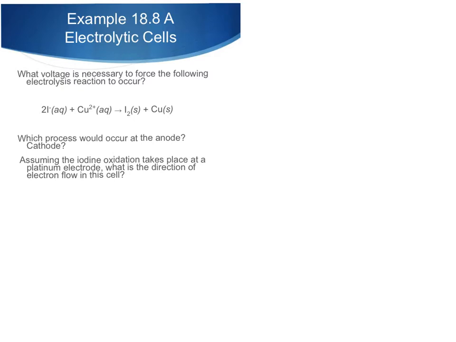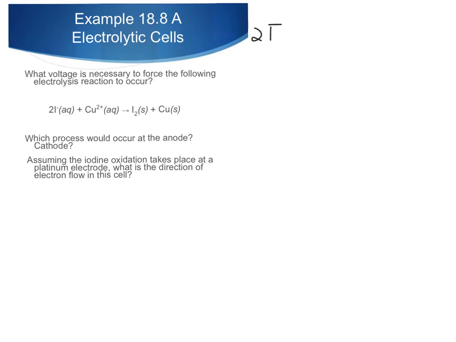So we saw this a little bit before, but we are given the half reaction, 2 I minus turning into I2 plus 2 electrons. You have to look up, you've got the 2 electrons, and that is a negative 0.54 volts.